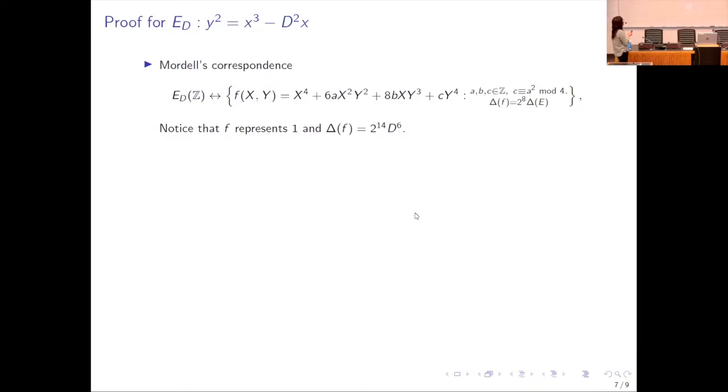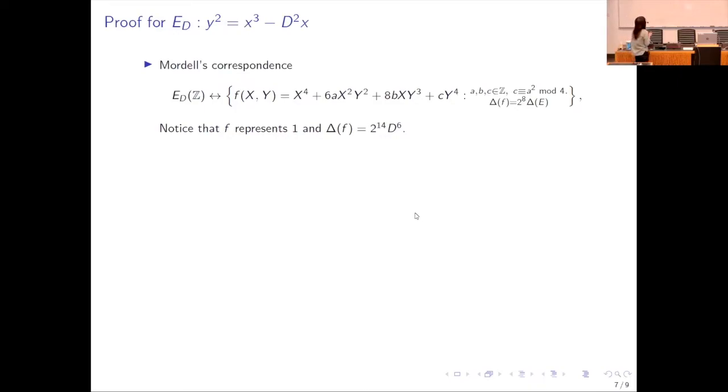There's some relationship between c and a, but that's not too important in terms of counting. And the discriminant of these quartic forms is related to the discriminant of the elliptic curve. I've actually missed out a d here, so this is E sub d instead of E.